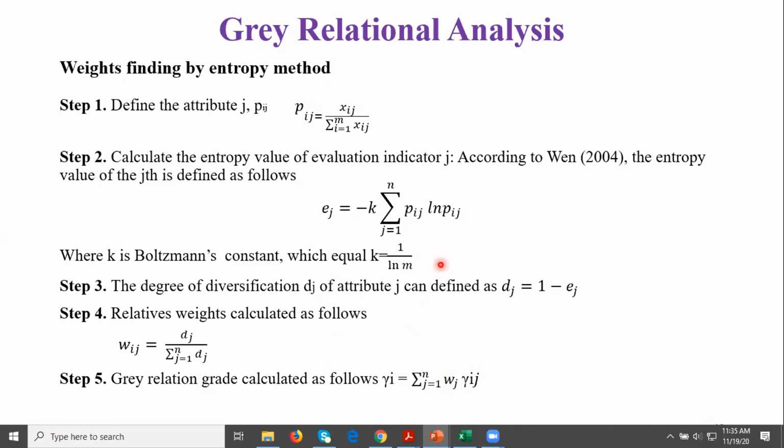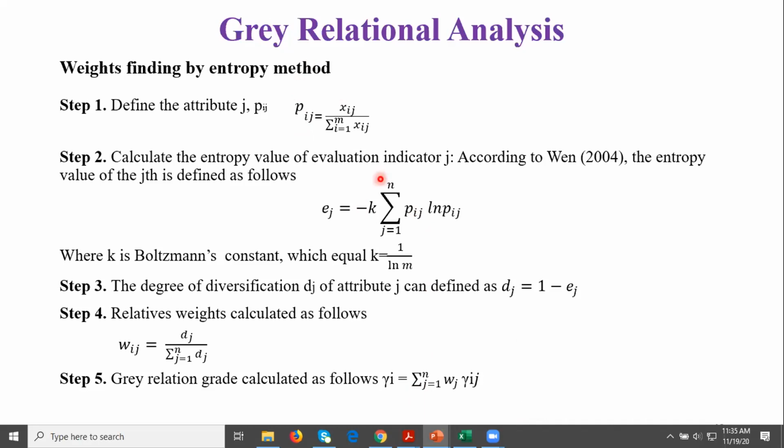In the previous case, we took the gradation coefficients, and from them calculated the gradation grade using the entropy method to assign the weights for individual experiments. But here, without calculating any gradation grade, just from the output, you can generate the gradation grade using the entropy method to assign different values for each experiment using these formulas.